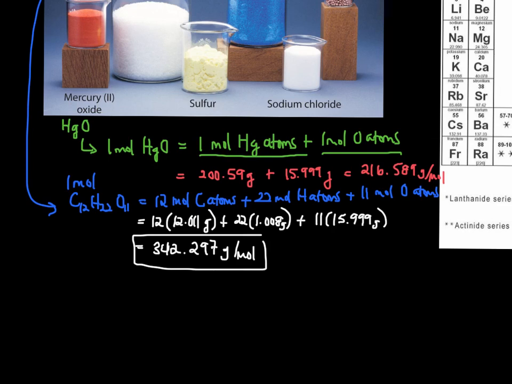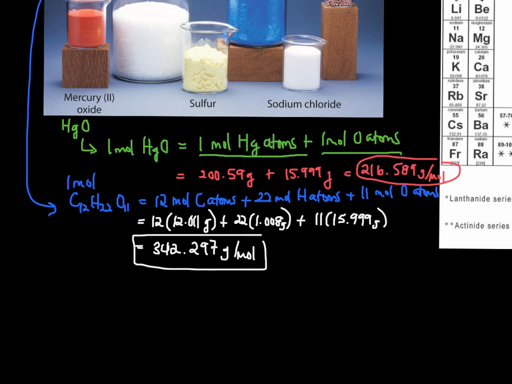So even though you have a mole of each of these substances, a mole of mercury oxide and a mole of sucrose, you get two different masses. And the reason you get two different masses, of course, is because they each weigh something totally different. So if I had a mole of basketballs versus a mole of, I don't know, kittens, they wouldn't weigh the same because they're two totally different things.